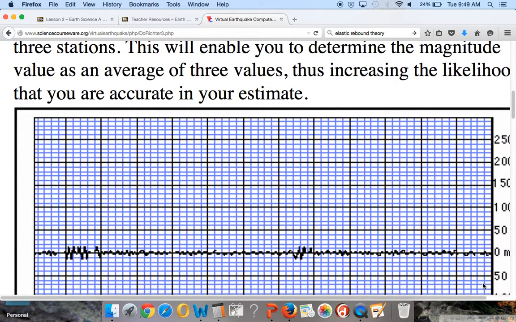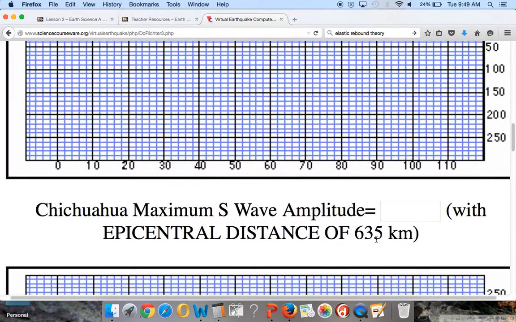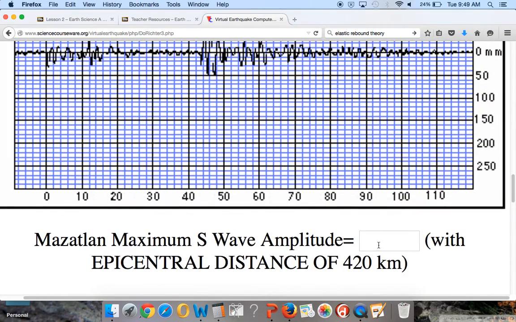And again, the reason I chose to do this one is because it's a little bit more difficult. So again, I'm going to stick with 17, I think, is what I put there originally. Move on to this one. My highest one is at 50 millimeters.